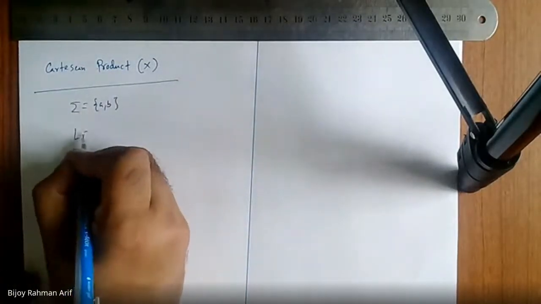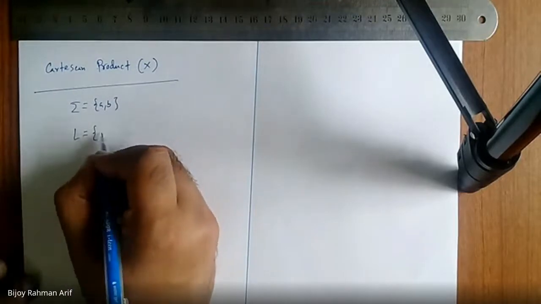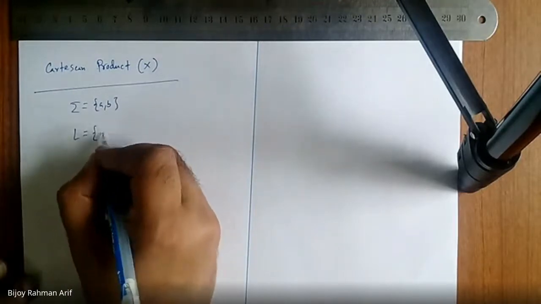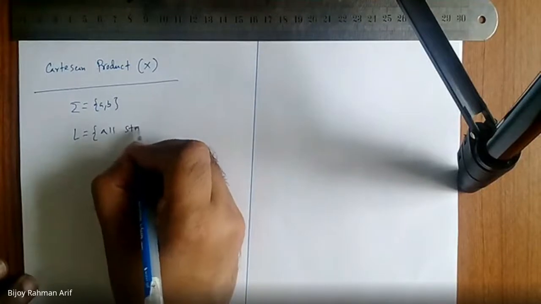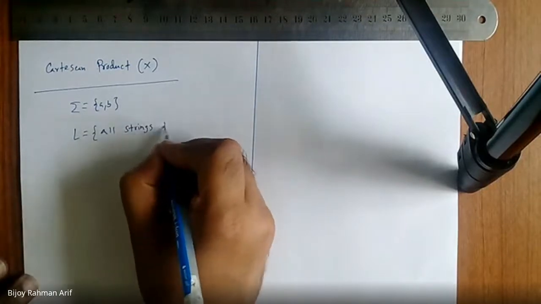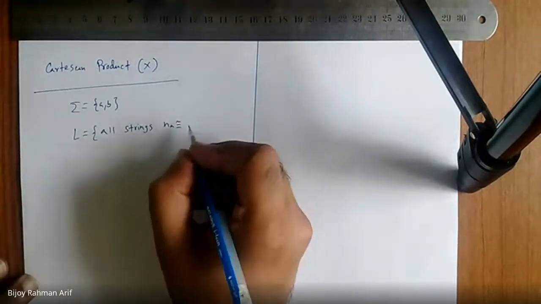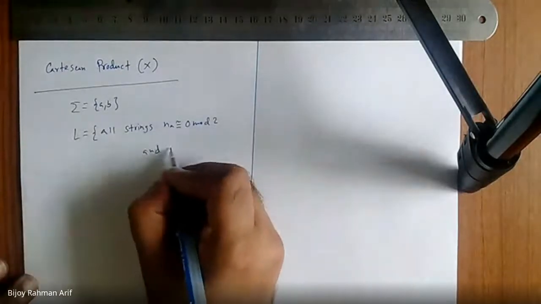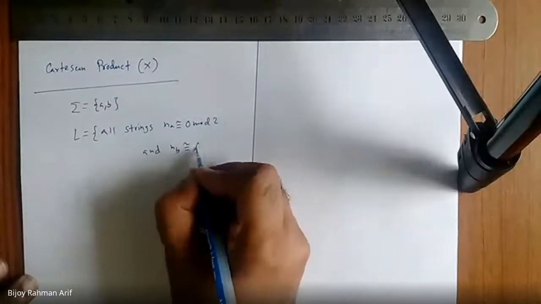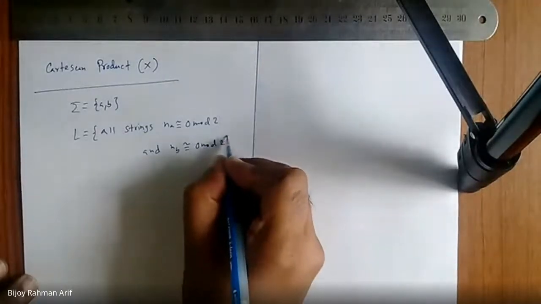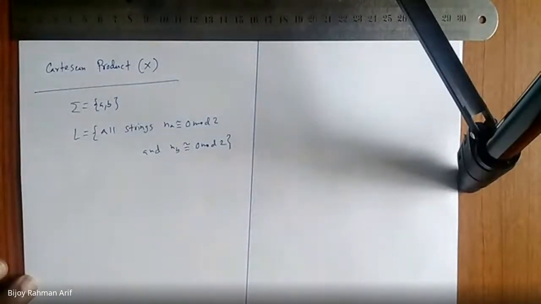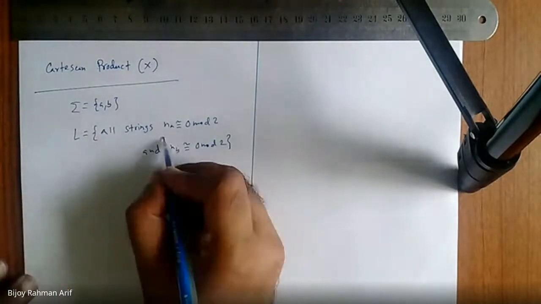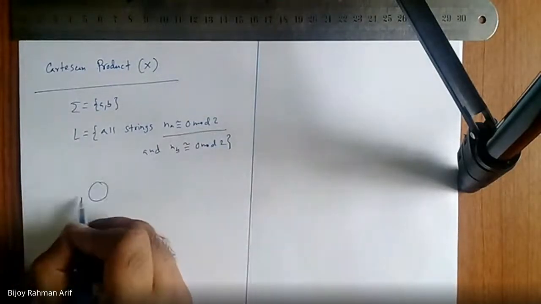My language is, let's say, all strings. For this part, the automata would be like this.